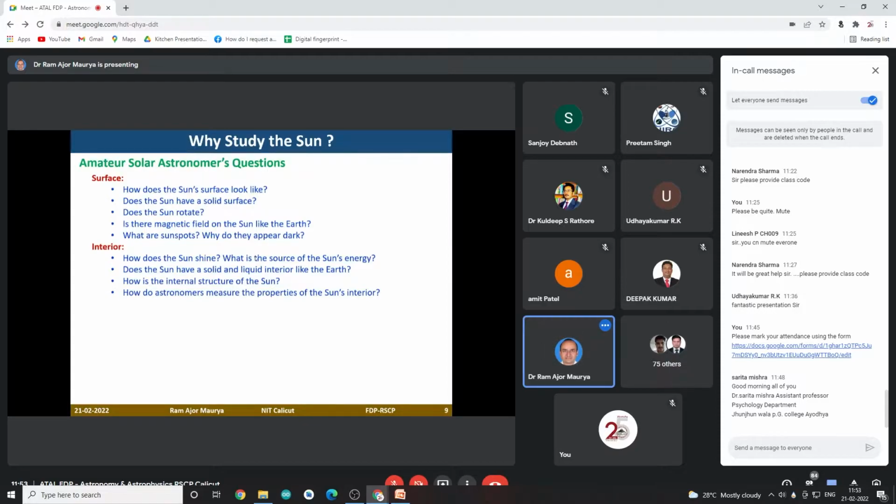Then about its atmosphere, since the Sun is so bright, how is it possible to see its dim outer atmosphere? What are the causes of the eruptions in the Sun's atmosphere? We sometimes observe eruptions in the solar atmosphere.